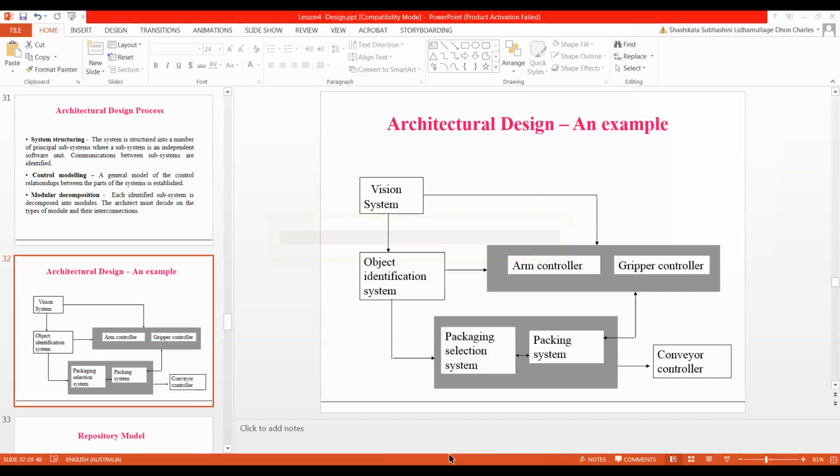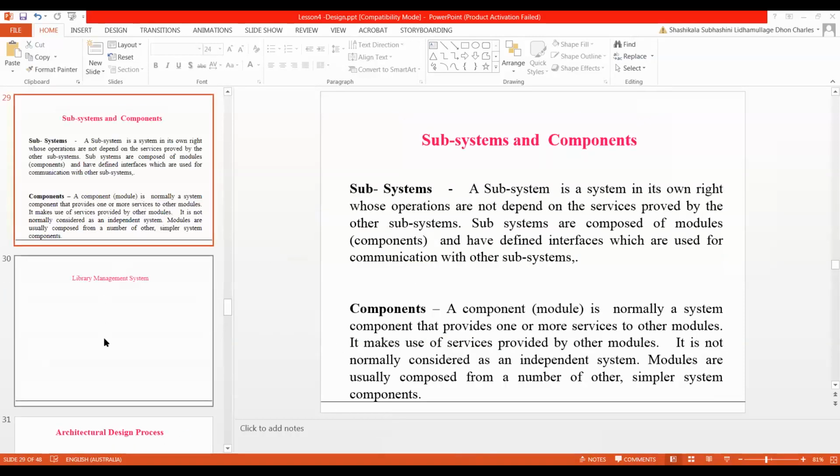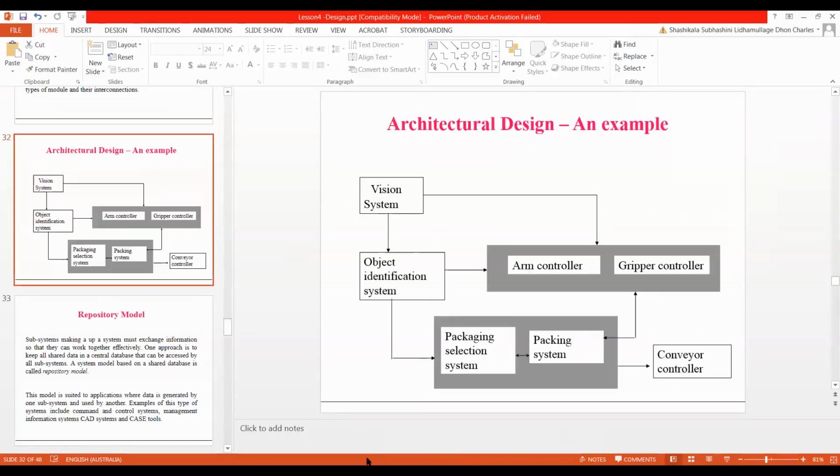So try to identify the modules and the subsystems. It's very easy. What are the subsystems and the modules?